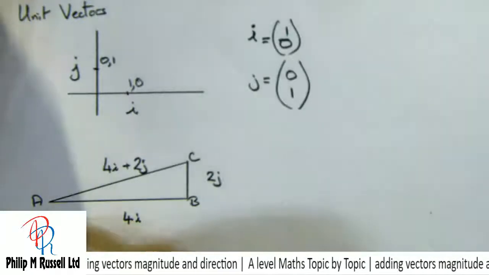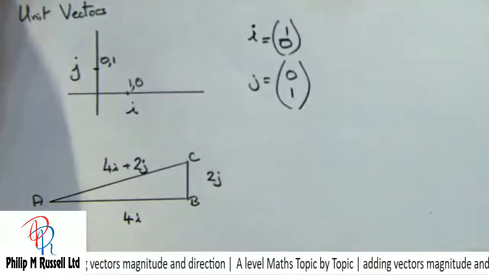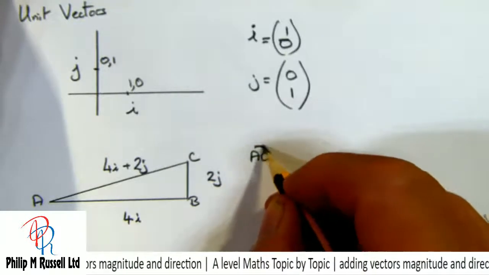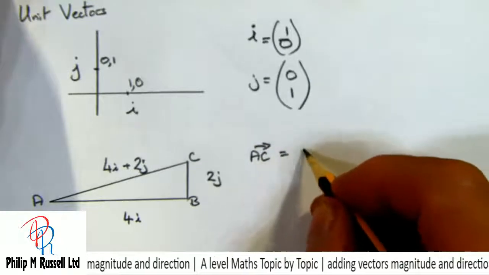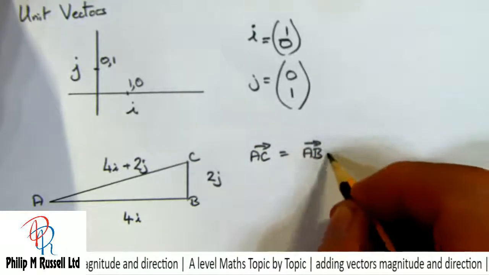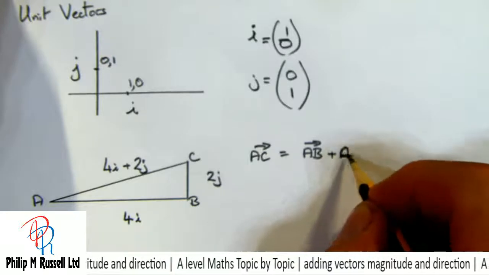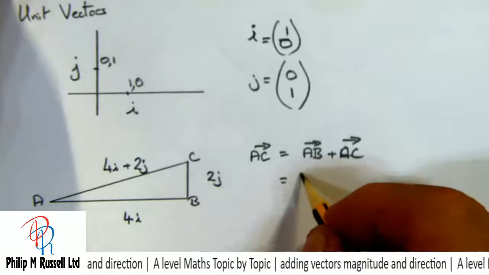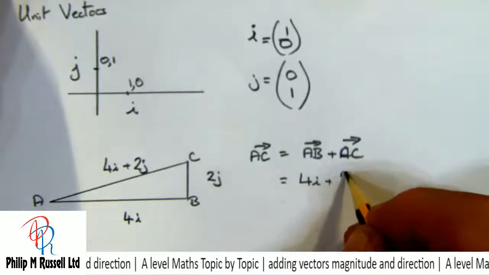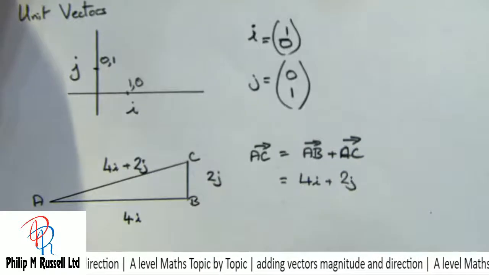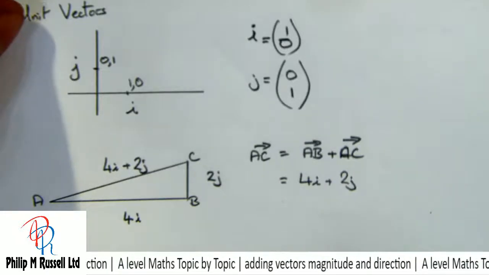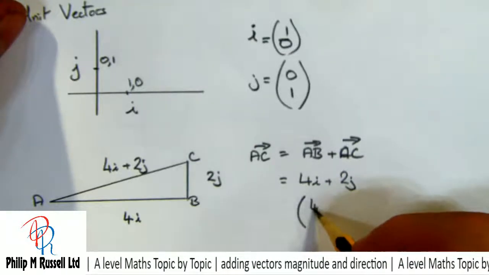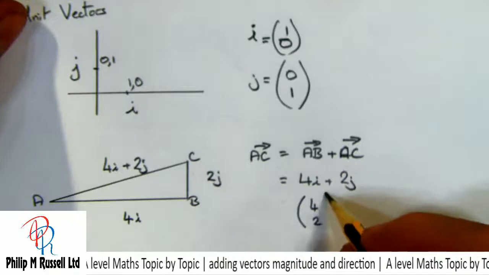We know from this simple triangle law that vector AC will equal AB plus BC. So therefore we get our 4i plus 2j, and we could represent that simply as 4, 2 as a column vector.